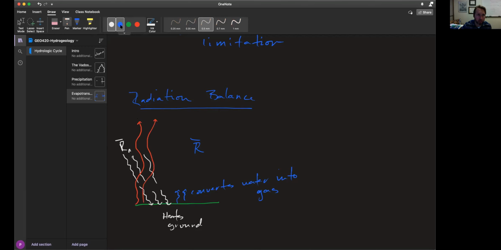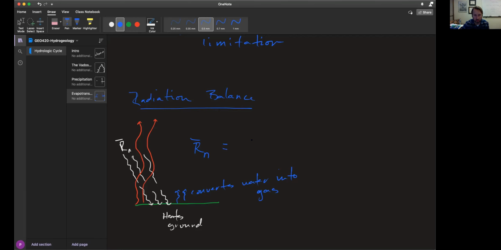So the net radiation, which is essentially the net radiative energy supplied to the surface, goes into heating the ground, and that ground then heating the air, or converting water into gas.